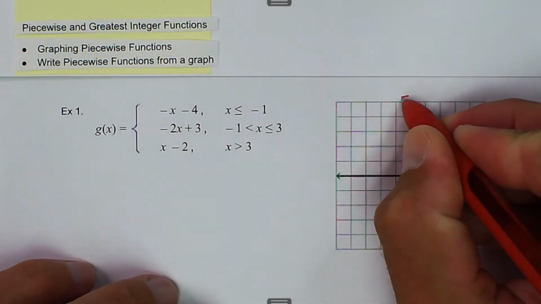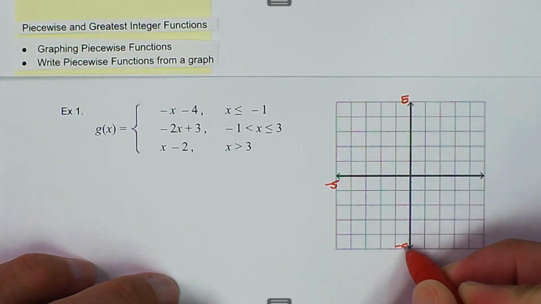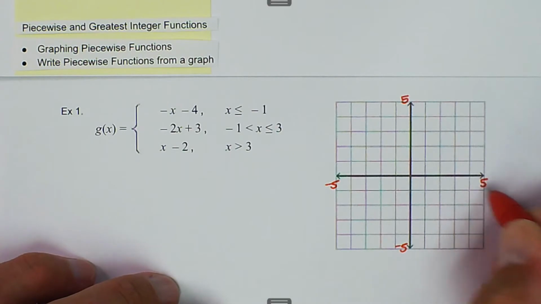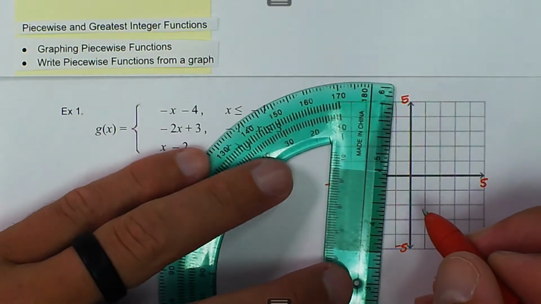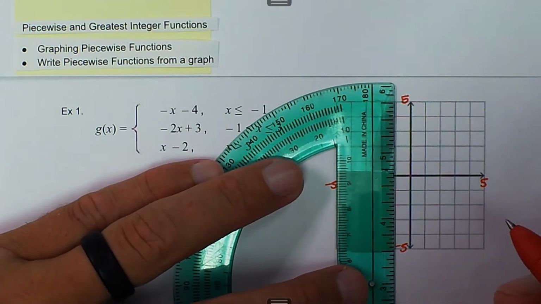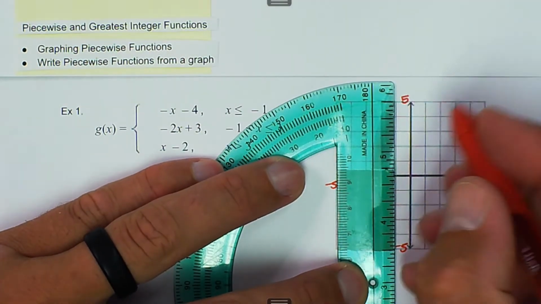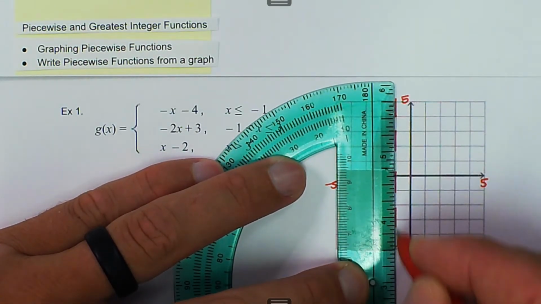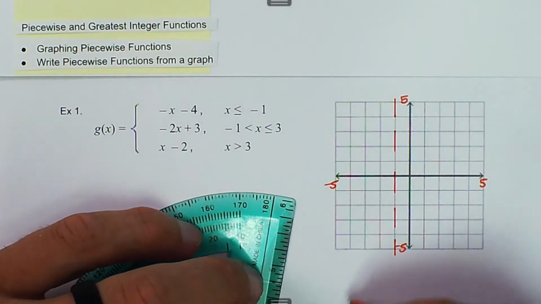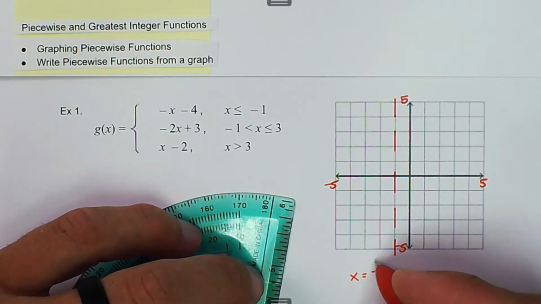So I'm going to make this -5 to 5, and I want to graph my restrictions. This is not what you have to do, but this is just what I like to do. So here we have x is equal to -1.